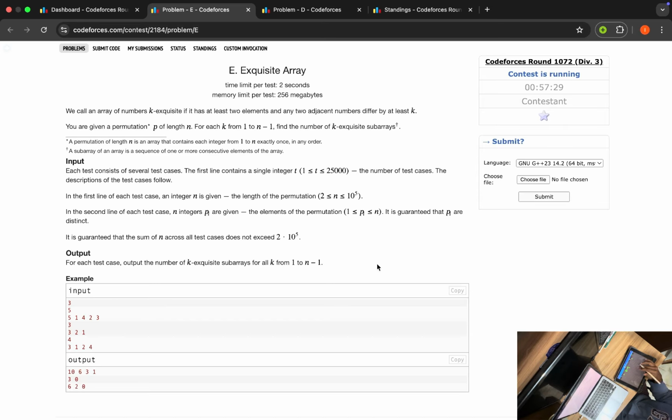Will dividing the range in this way work? Let's see, 5 1 4 2 3, so difference is 4, difference is 3, difference 2, difference 1. Okay, so for 1 the answer is it will not divide, so the range is 1 to 5.